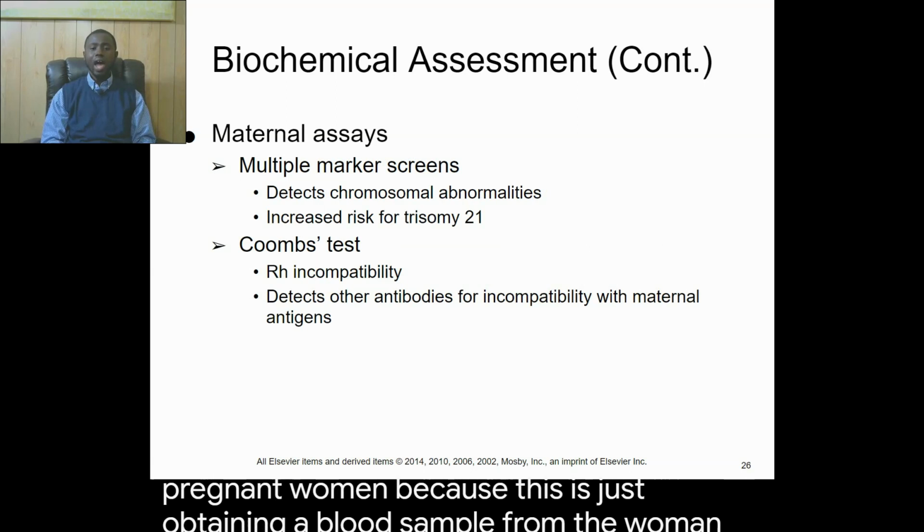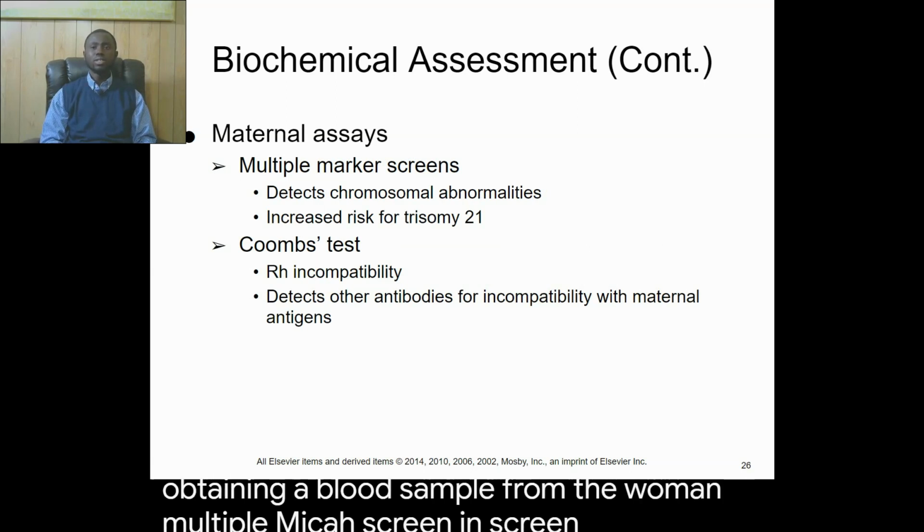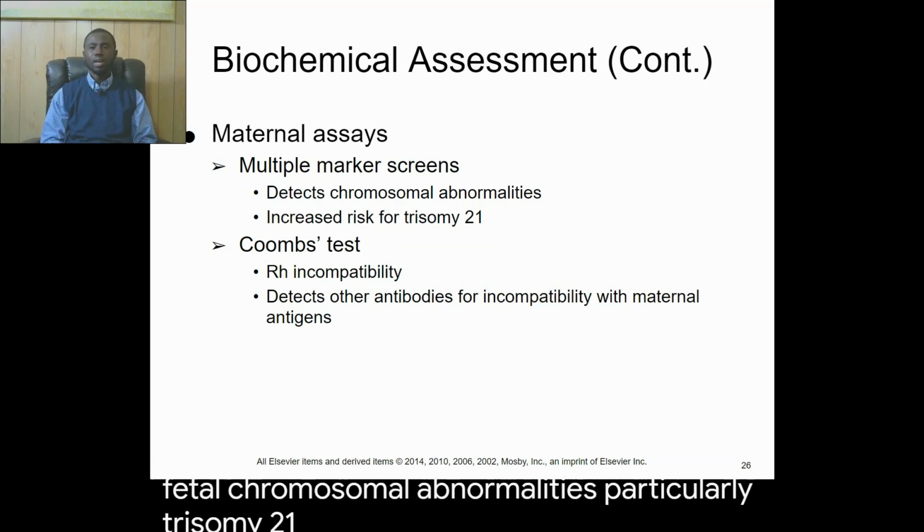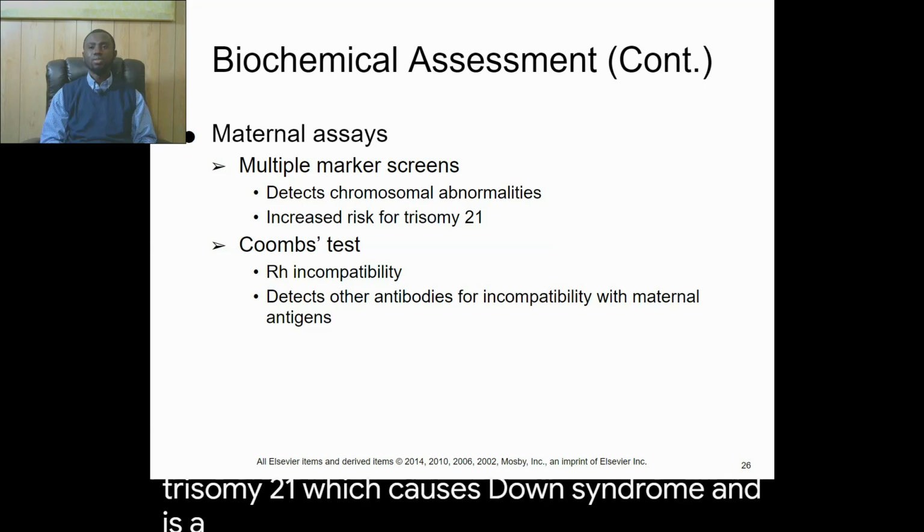We also have the multiple marker screen and screening to detect fetal chromosomal abnormalities, particularly trisomy 21, which causes Down syndrome, is available beginning at 11 to 14 weeks of gestation.